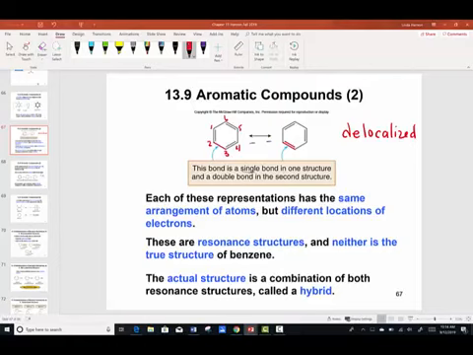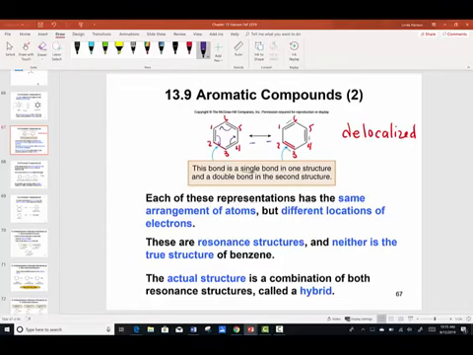Between carbon 1 and carbon 2 is a double bond. And if I'm just emphasizing that we're not just simply rotating the molecule in space, but I'm leaving the carbons in the exact same area, and I notice that the double bonds have actually moved. Instead of the original carbon 1 and 2, in the next slide over, they're between carbon 2 to 3, and now carbon 4 to 5, and carbon 6 back to 1.